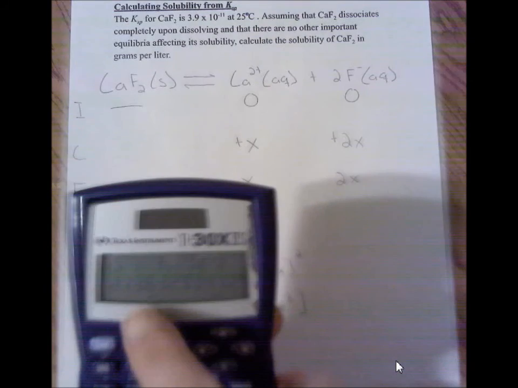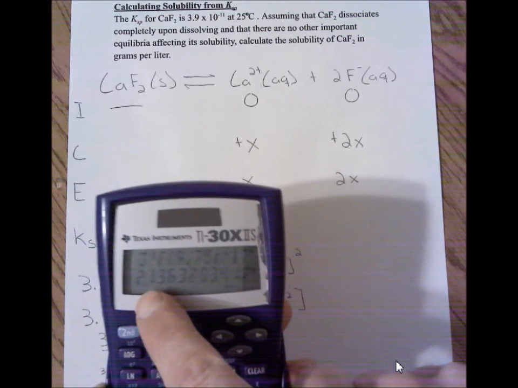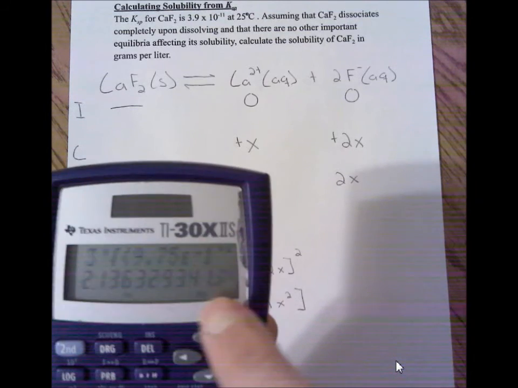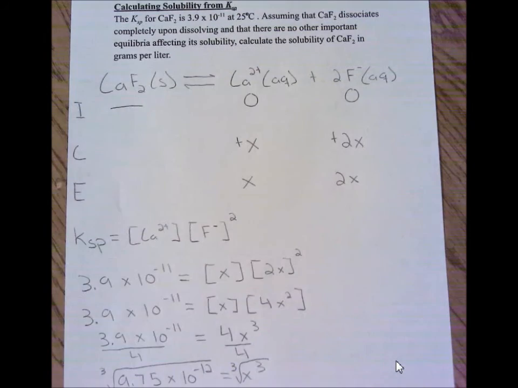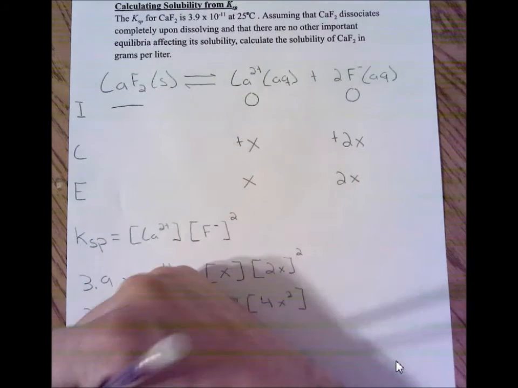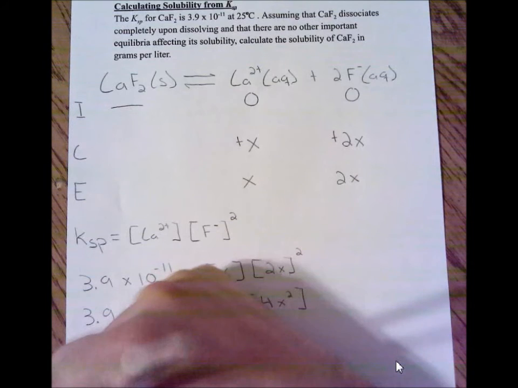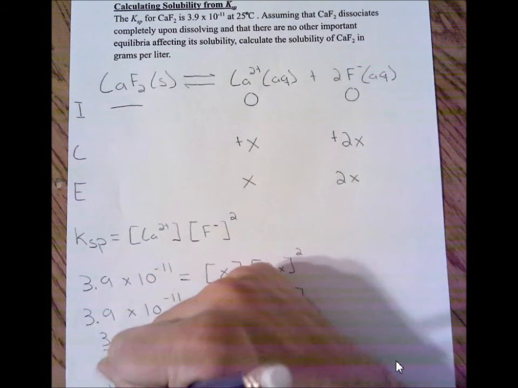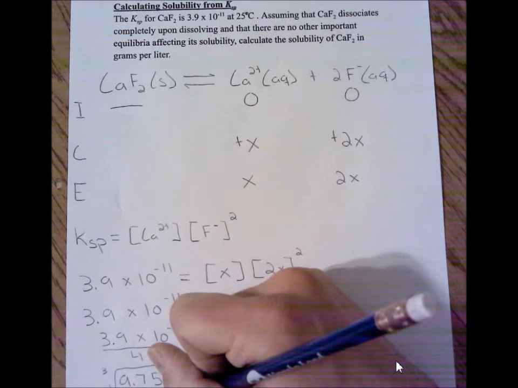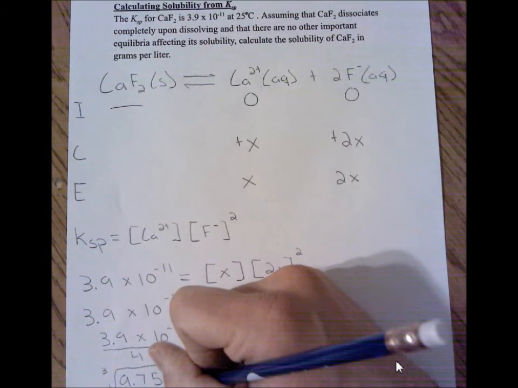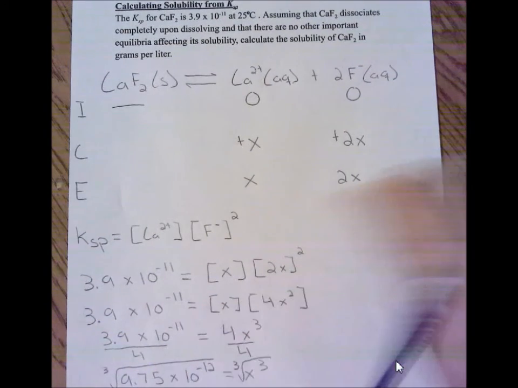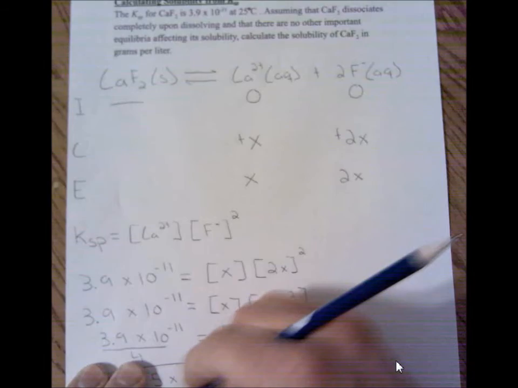We get 2.1 times 10 to the negative 4th to equal x. Now, what we have is this: 2.1 times 10 to the negative 4th equals x. Well, x is just our calcium, Ca2+ ions.